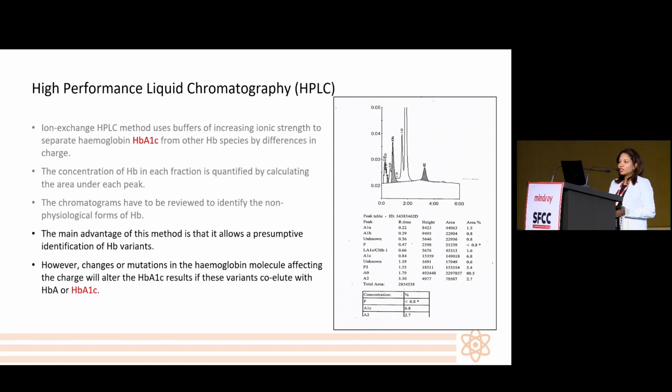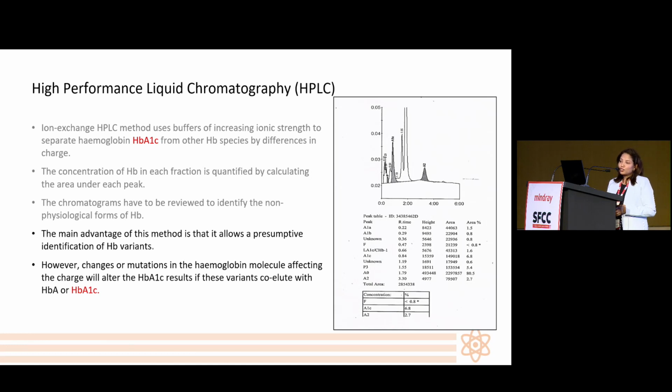Now, the ion exchange HPLC method uses buffers of increasing ionic strength to separate the hemoglobin HbA1c from the other Hb species by differences in charge. The concentration of hemoglobin in each fraction is quantified by calculating the area under the peak. In this case, all the chromatographs have to be reviewed to identify the physiological forms of hemoglobin.